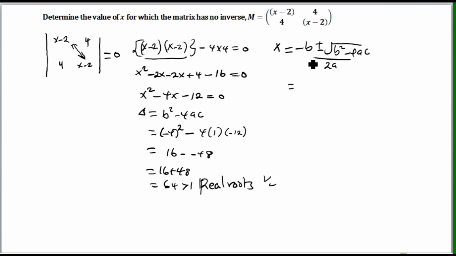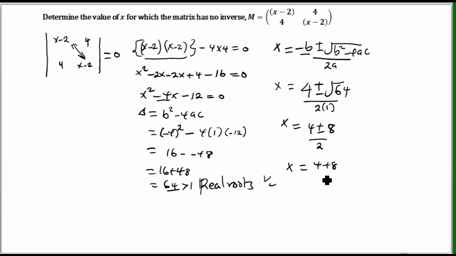The value of b was negative 4, so negative b becomes 4, plus or minus the square root of 64, which we found, divided by 2 times a, which is 1. This becomes 4 plus or minus root 64, which is 8, divided by 2, so x is either 4 plus 8 over 2 or 4 minus 8 over 2.